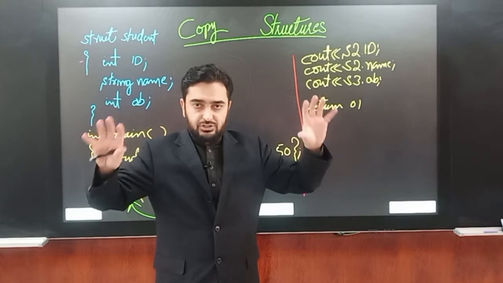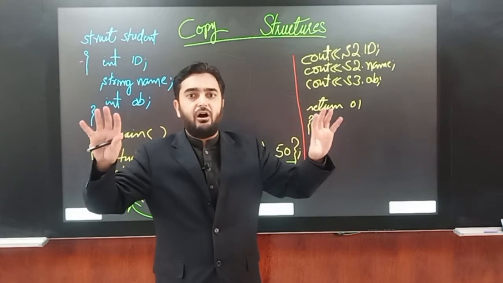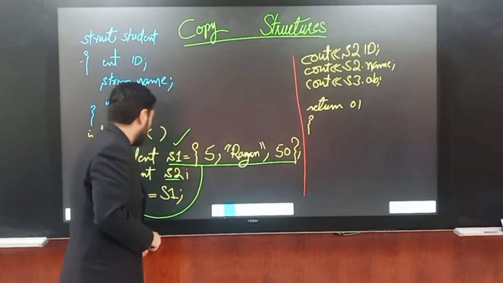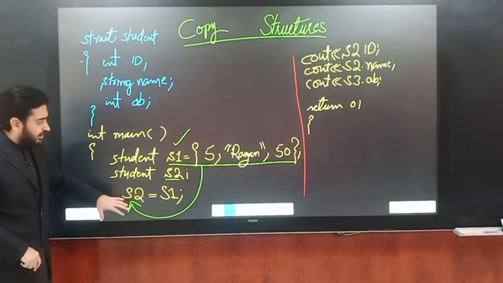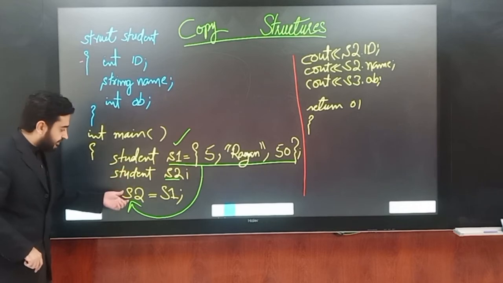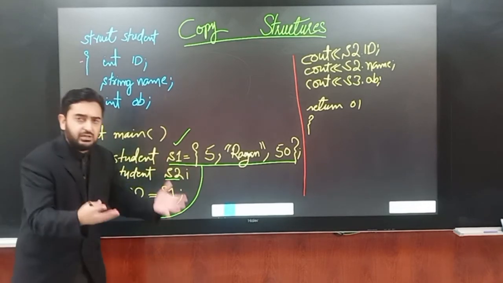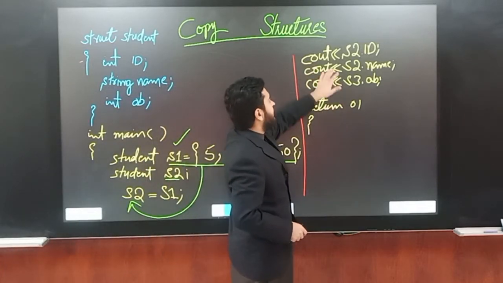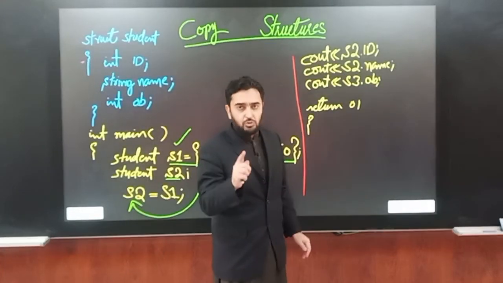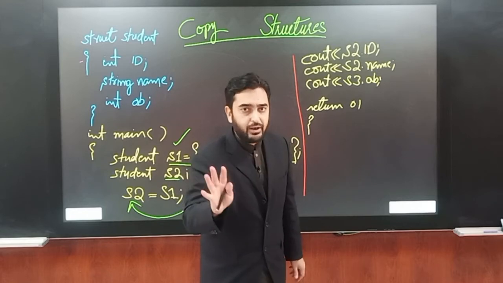So these are two different locations and different copies of the structure in the memory, remember. Now you can access or print the values of s2 just like we can print the values of s1. You can see here we are accessing the values of s2 now, not s1.